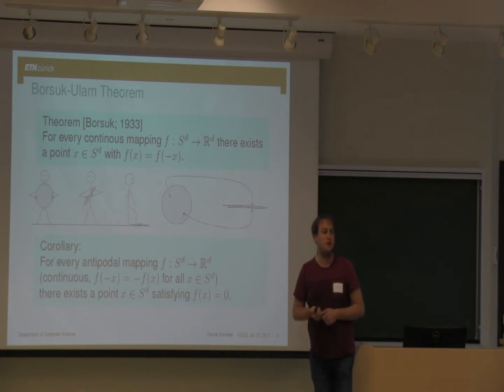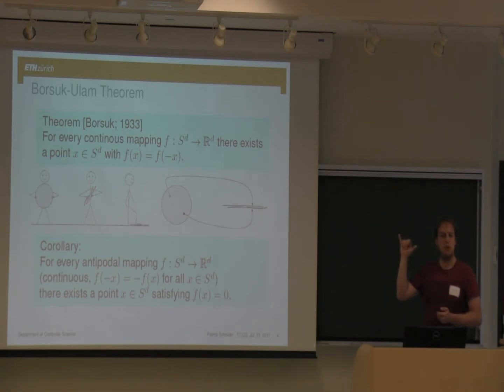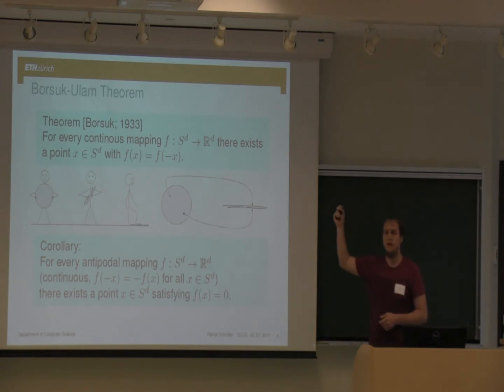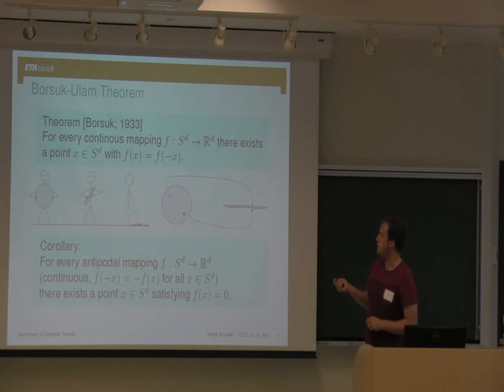And there's also an equivalent way to phrase this: if we have a so-called antipodal mapping, which is a continuous mapping such that any 2 antipodal points have the respective negative values, so if a point has value k, then its antipodal point is going to get assigned value minus k, then this function does have a 0. It's easy to see how this follows from the original theorem. They're actually equivalent, but that's not so important here.